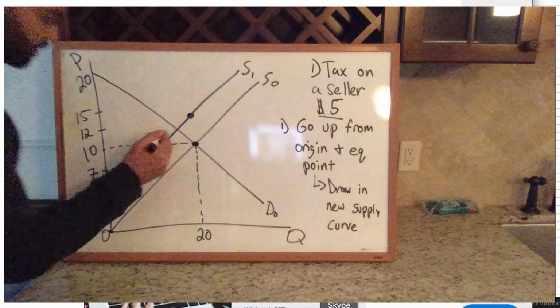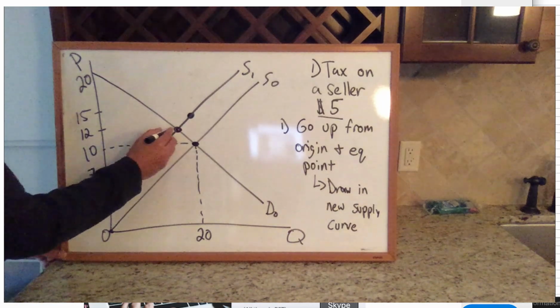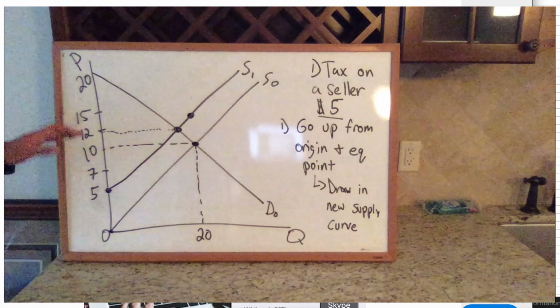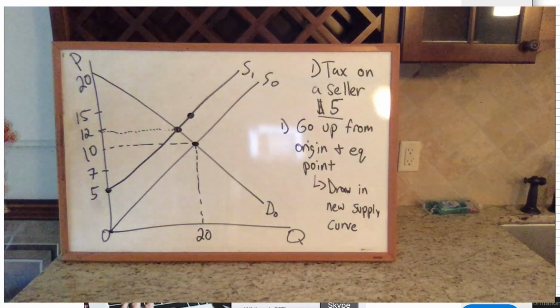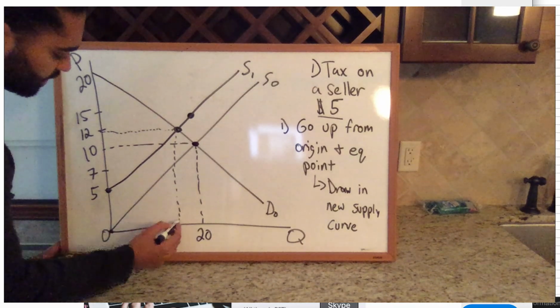Now, our new equilibrium point is right here. So our equilibrium price is going to be $12. Again, I gave you these numbers. These numbers will be given to you on the worksheet as well, as you'll see. But for now, just trust me that 12 is the number. Now, for our quantity, we're going to say it's 15.